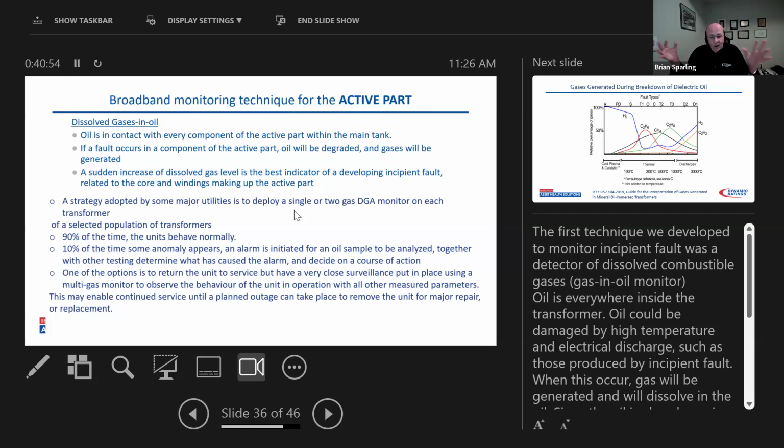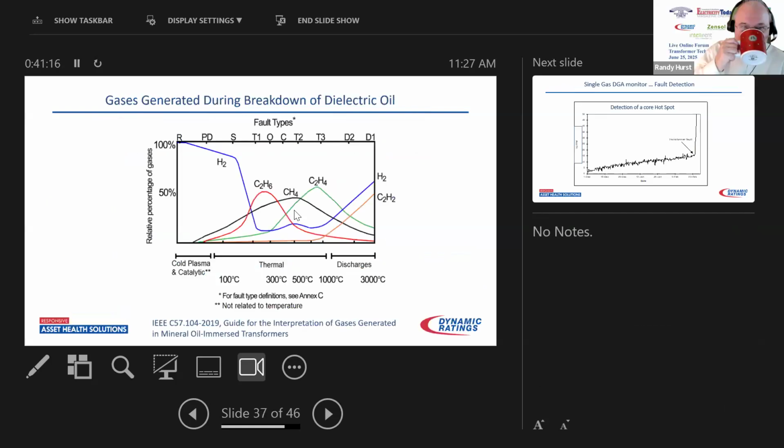All of that information helps decide on a course of action. One of the things to do is to put the unit in service under close surveillance, perhaps temporarily installing a multi-gas monitor to observe the gassing behavior of the unit in operation, along with things like loading of the transformer and the ambient conditions.